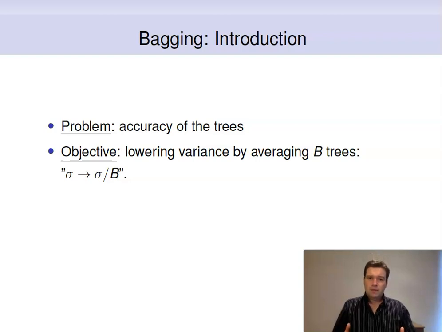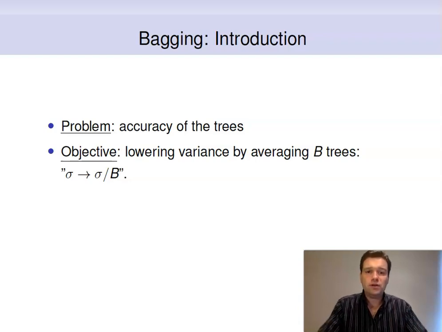But let's imagine first that we are able to get, let's say, B. If we construct B different trees, we could obtain B predicted values for a given set of covariates, for a given input. In that way, that means that we could average these predicted values.